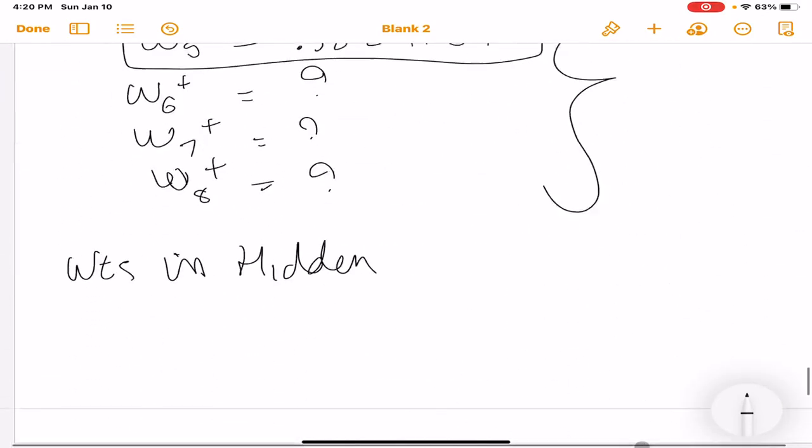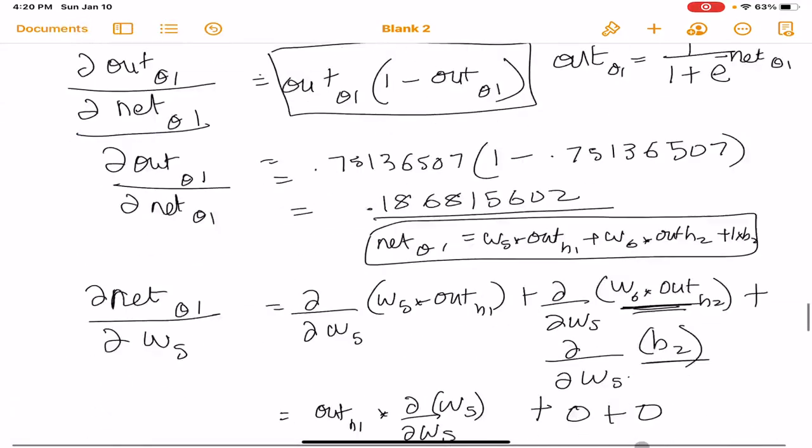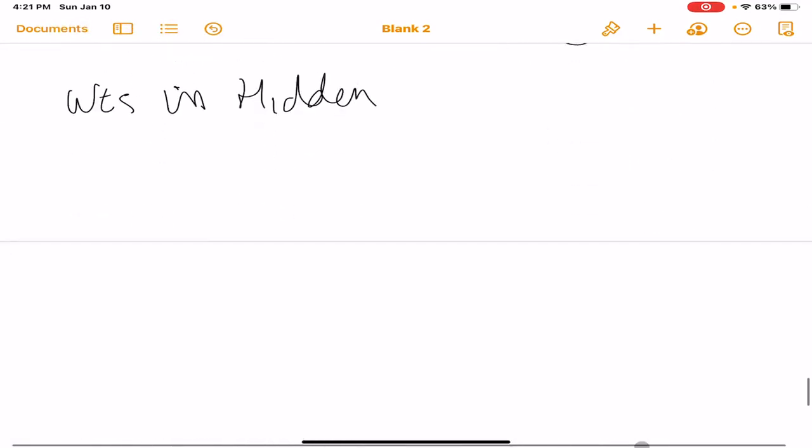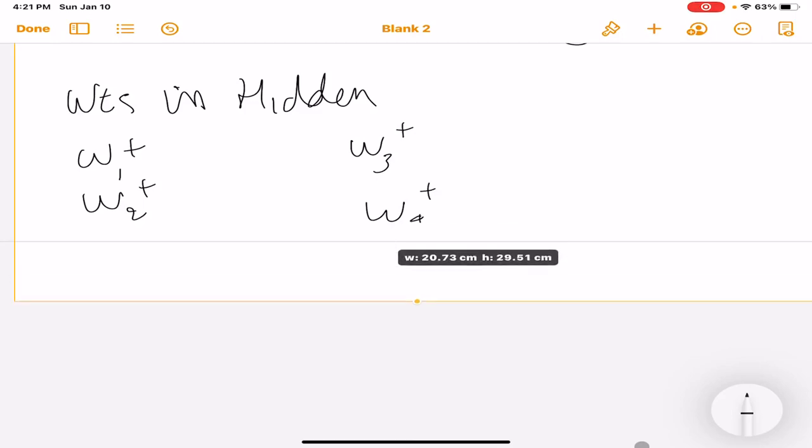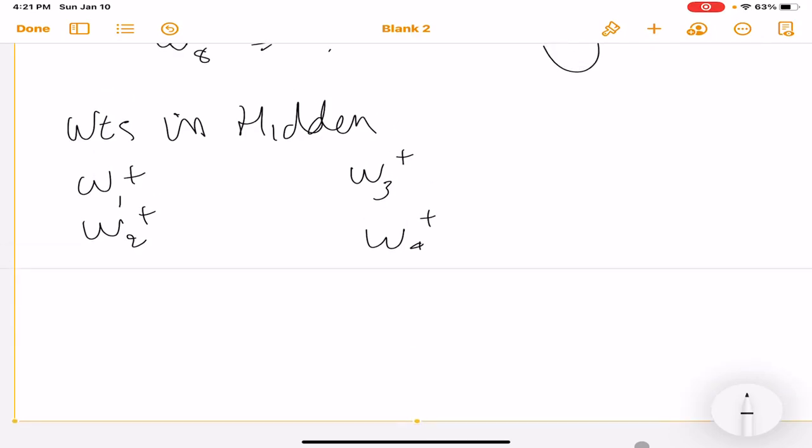We wanted to find the new weight of W1, the new W2, W3 and W4. So we will just pick one more weight, W1, and do the same procedure to find out what our new weight for W1 will be.